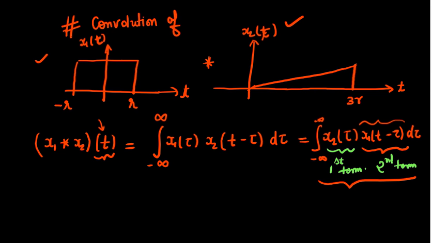By just observing these two signals, taking the mirror image of this signal and then shifting it will be easier than for the other signal. So we will use this second definition to evaluate the convolution of x1 and x2.